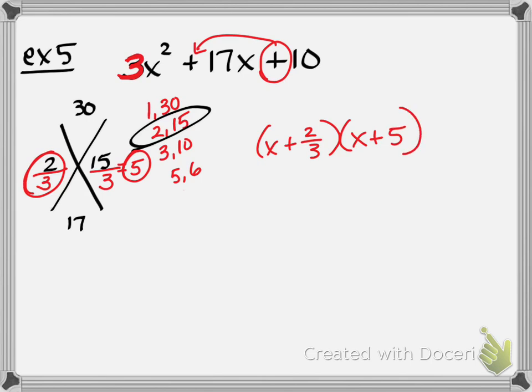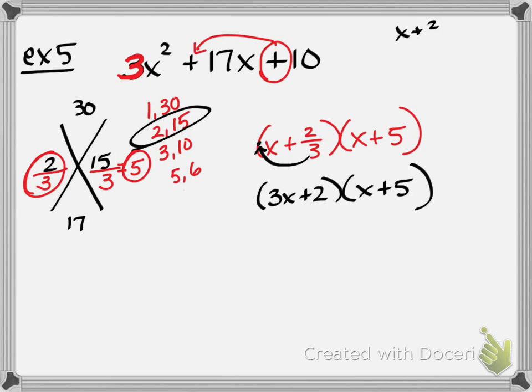Last step, this feels like it's cheating, is we'll take this 3 that's in the denominator and put it right there in front of the x and call that 3x plus 2 and x plus 5. The reason that's okay is if you took x plus 2/3 and set it equal to 0, you'd get negative 2/3.